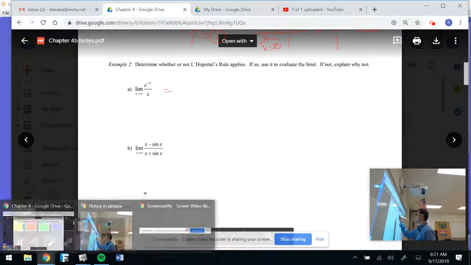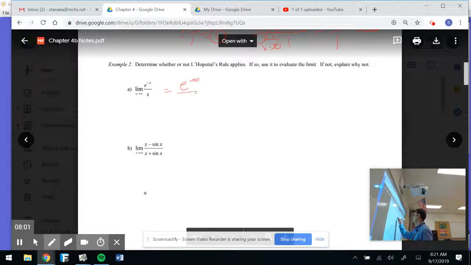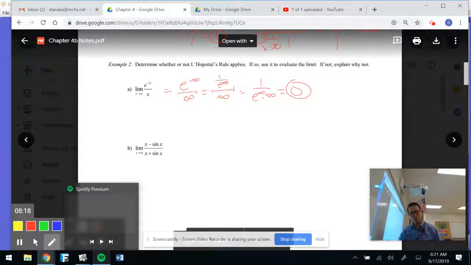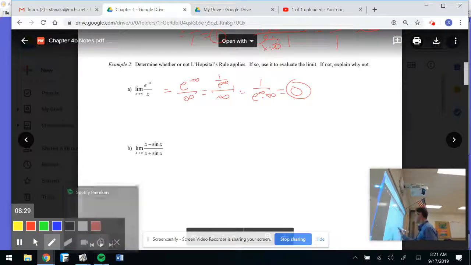If I direct sub here, I get e to the negative infinity over infinity, which is 1 over e to the infinity all over infinity, like 0 over infinity, which is 0. I don't get an indeterminate result with that one, so I'm done. You do not use L'Hopital's rule. If you use it on that one, you might get it wrong, so be very careful. Only use it when you get an indeterminate result.